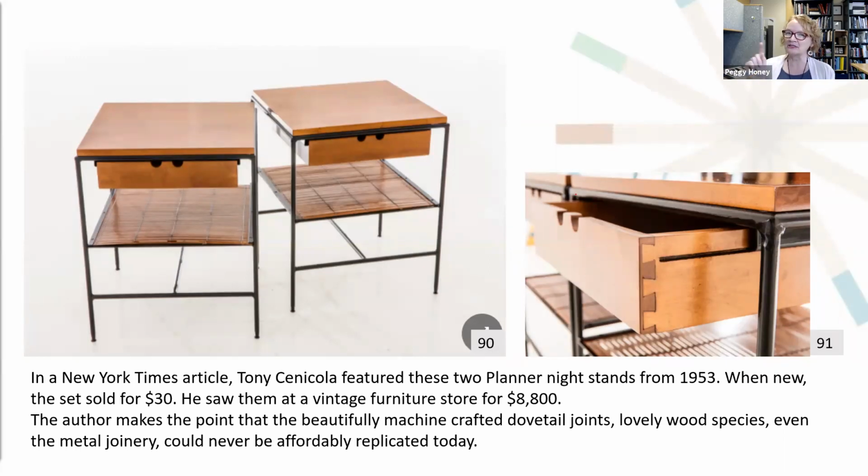But one of the reasons I wanted to include this is that the author makes the point that the beautifully machine-crafted dovetail joints and the beautiful wood species, even the metal, could just never be afforded today. This really was this unique moment in time where good design and affordability could match.